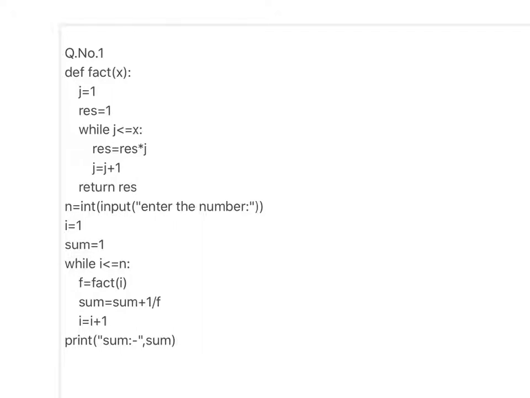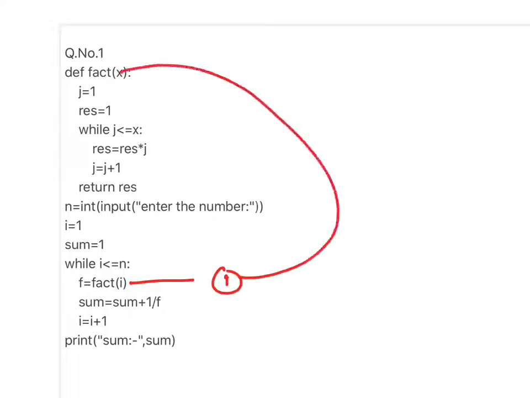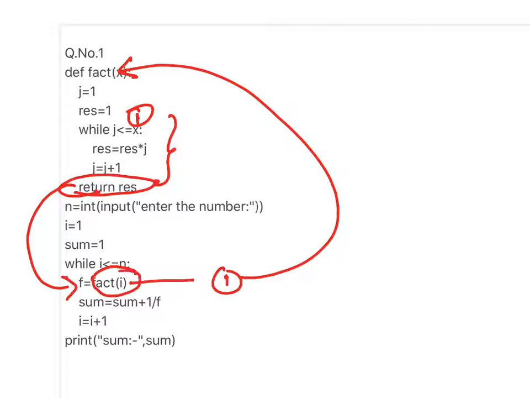Now once again you see what we have done. We have passed the value of i, 1. This 1 will move to this place. Now at this place it will calculate the factorial of 1 through this concept, and it will return the factorial of 1. This result will be stored into f because we are calling the factorial function here.